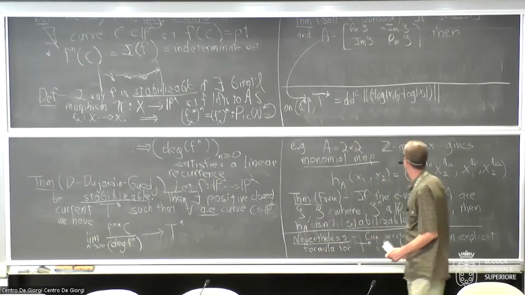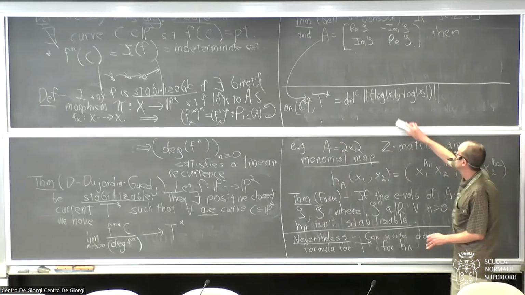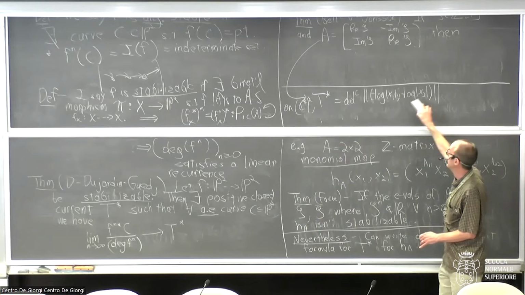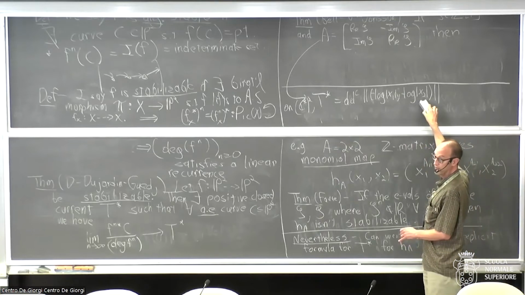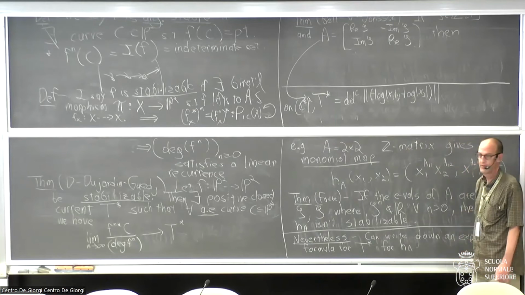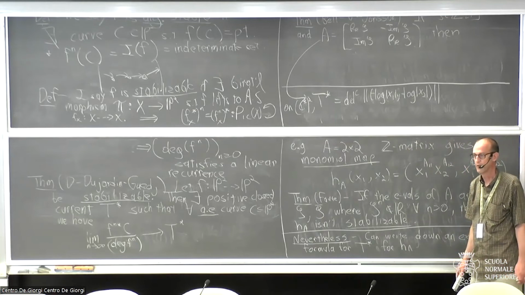What's that? That's right. So you take your complex numbers, you take negative log mod each of them, and that's a point in R2, and you take the Euclidean norm of that point. It's not a standard looking thing from a pluripotential theory point of view.